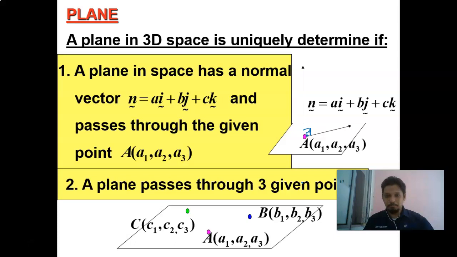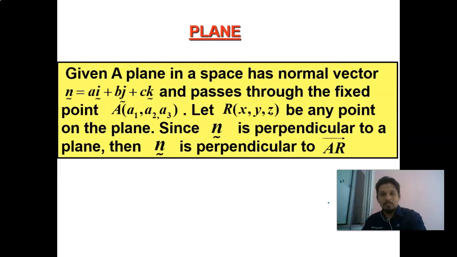Next, given a plane in space that has normal vector n, the normal given here, and passes through the fixed point A, let R be any point on the plane.